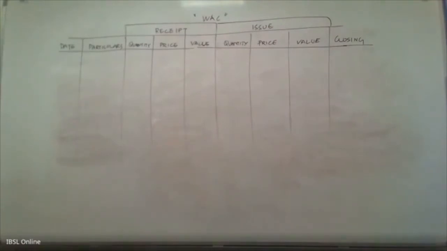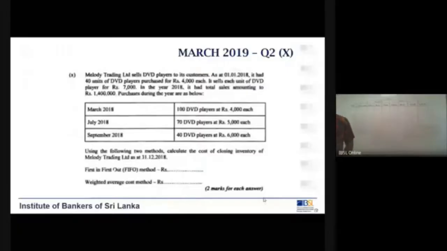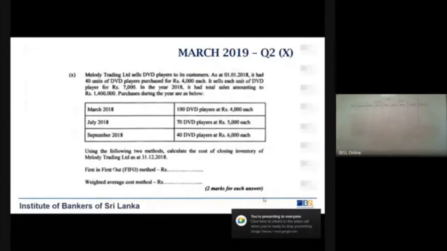And also, just give a try of this also. Right? This is a question which came in March 2019.